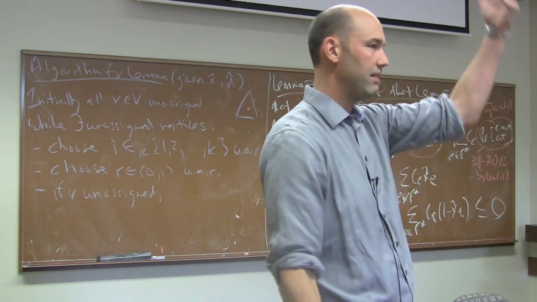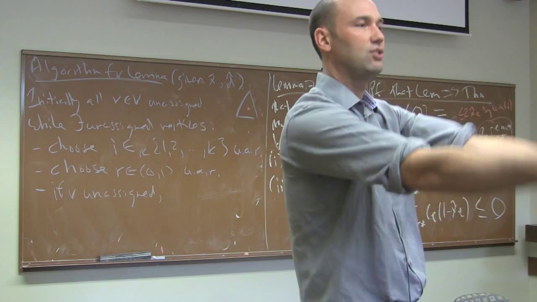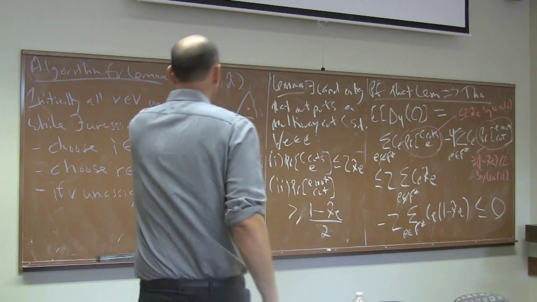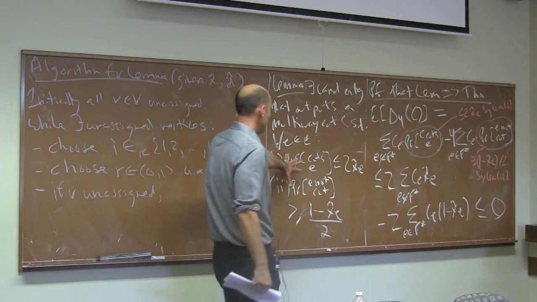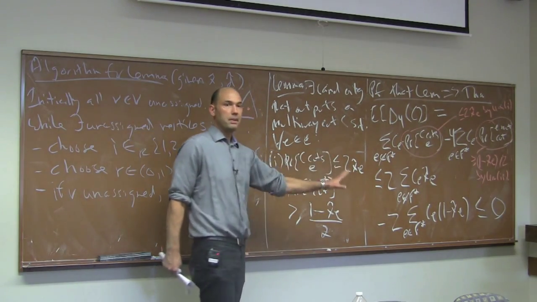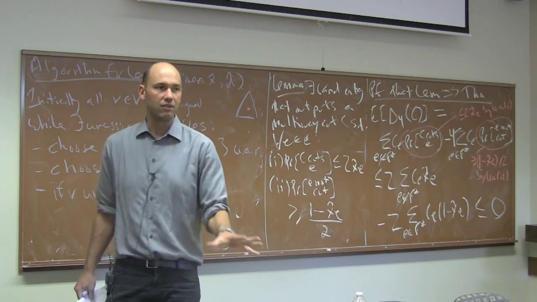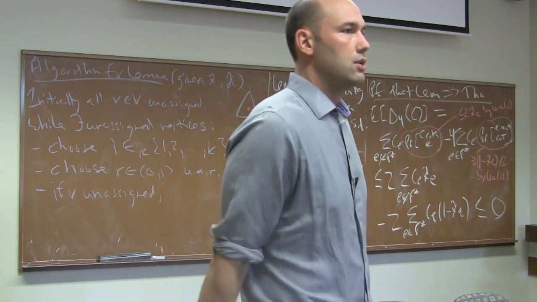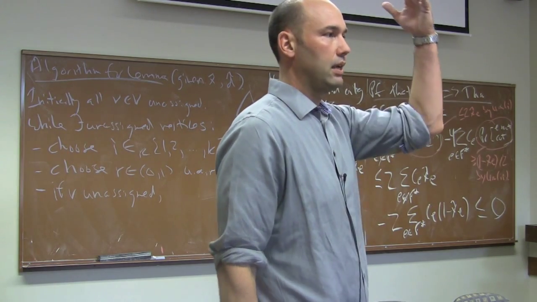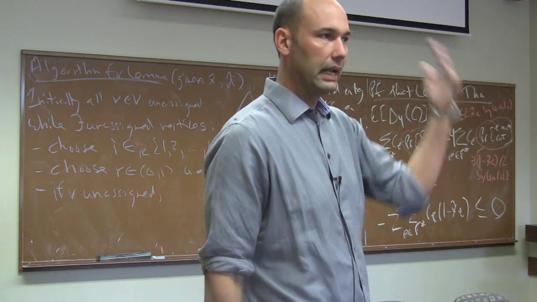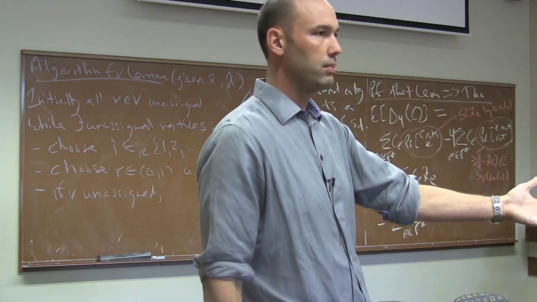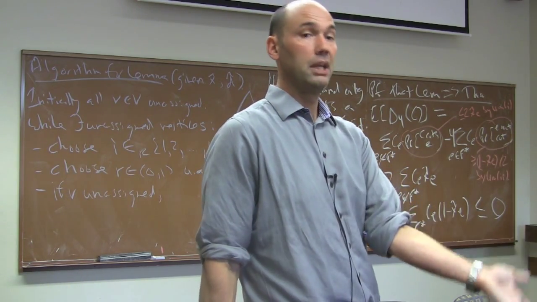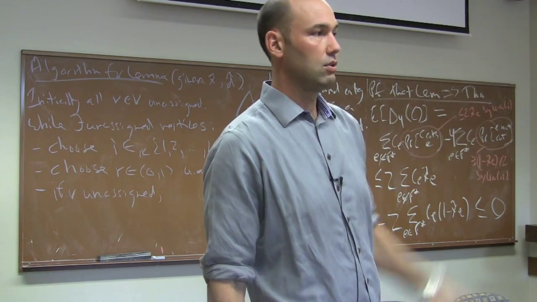So the higher that d value, the more the LP is suggesting it should belong to the 7th group. And looking at our desiderata for this rounding algorithm, the probability that we wind up assigning this vertex to the 7th group also better be going up with its d value. So that suggests that the higher its d value in this coordinate, the more likely it should be that it gets assigned to this group. So let's just use this R as a threshold and say, as long as you beat the threshold, meaning you're above it, you get to go to this group.